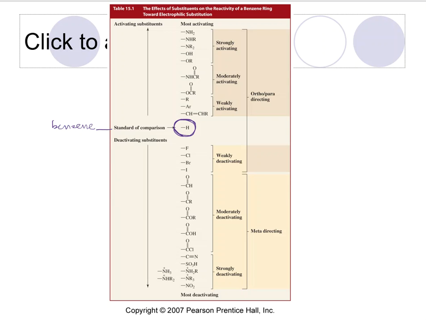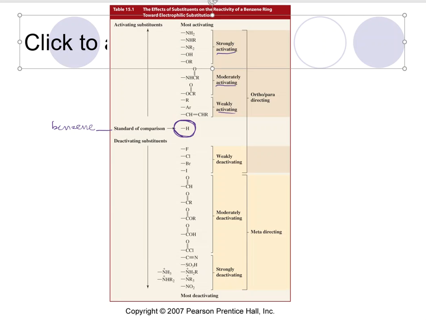So everything is getting compared to a hydrogen. That's how this chart is broken apart. So above the hydrogen, what are you going to see? Look at this. Above the hydrogen, weakly activating, moderately activating, strongly activating. All of those are your activator groups.